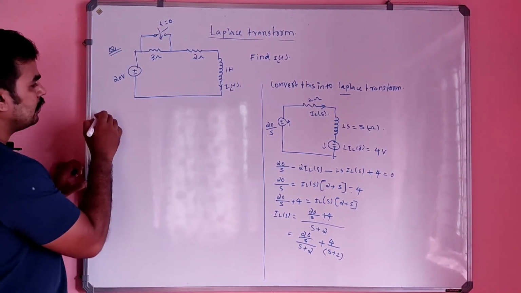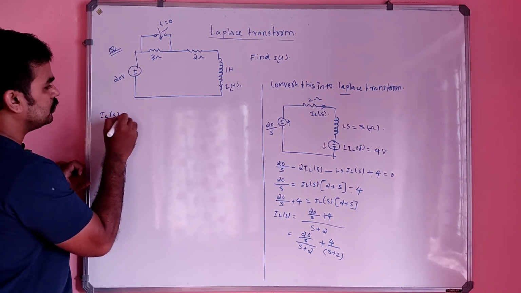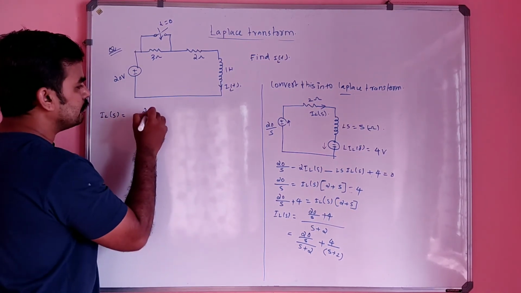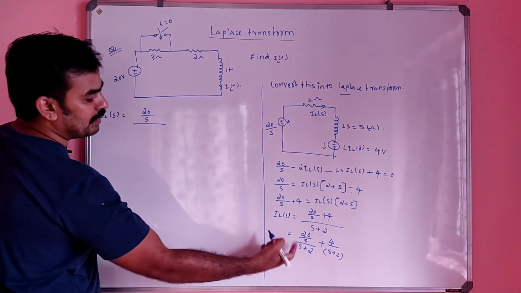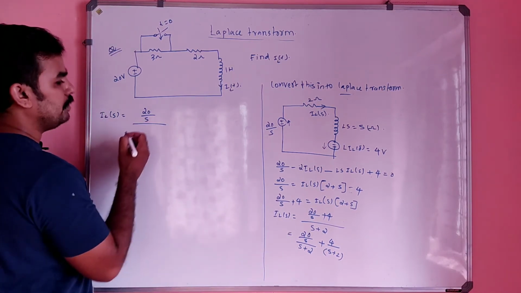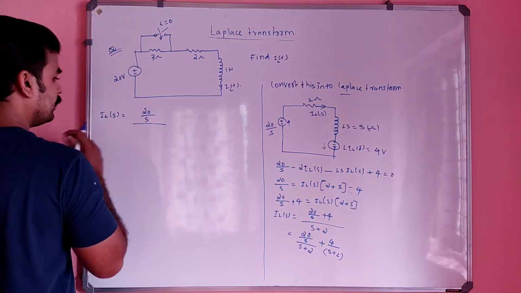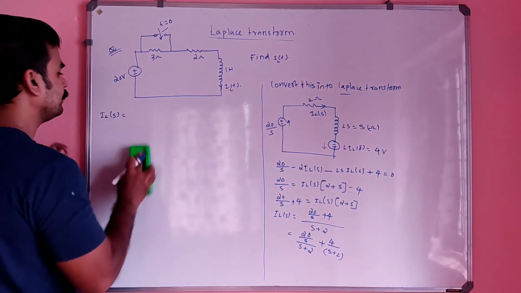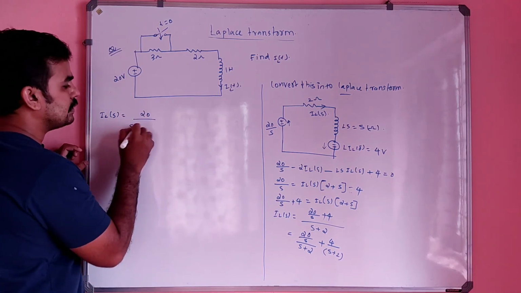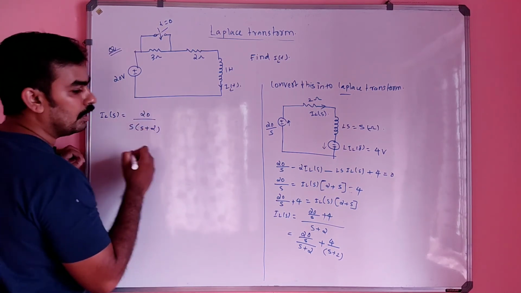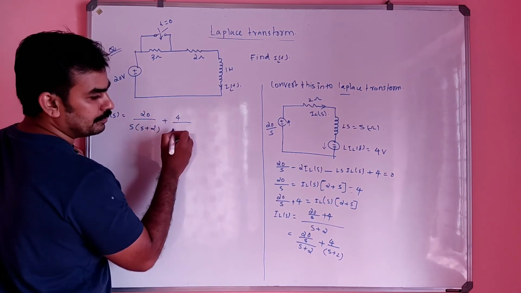IL of S will be equal to 20 divided by S into S plus 2, plus 4 divided by S plus 2.